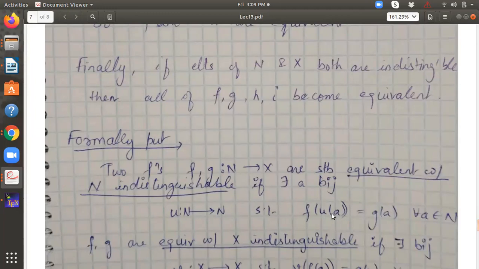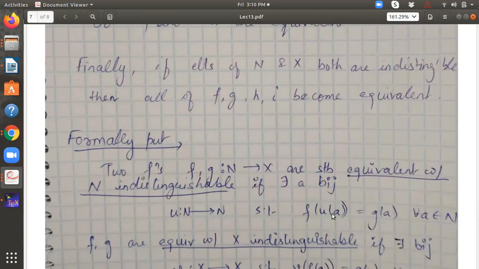Right? So there is a sort of involution happening in between. So an element of f is sent to an element of g through this bijection u. Right? And this happens for every element.